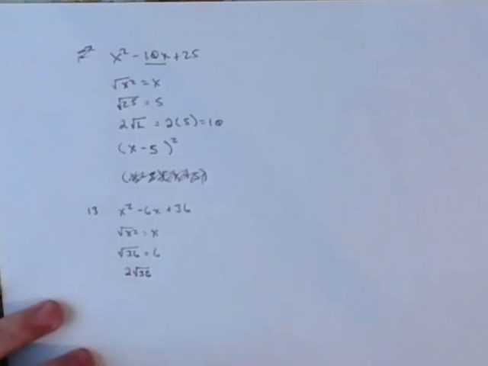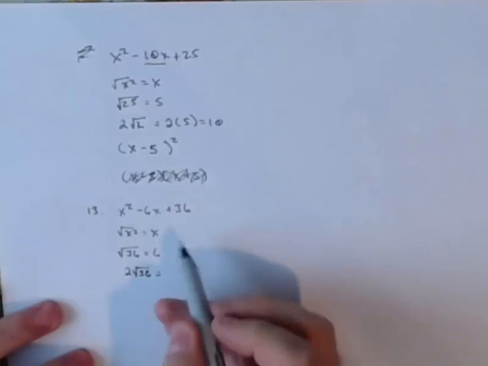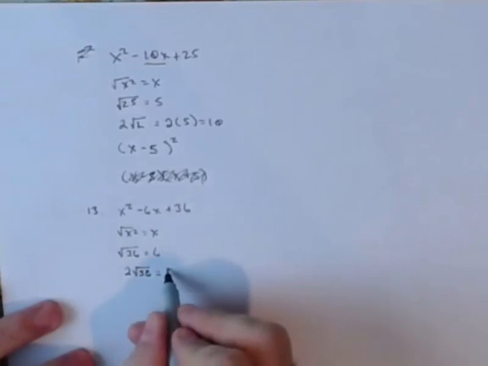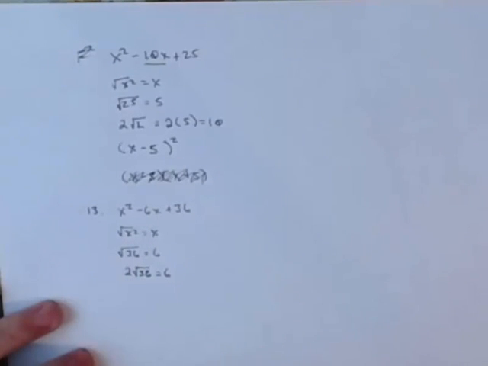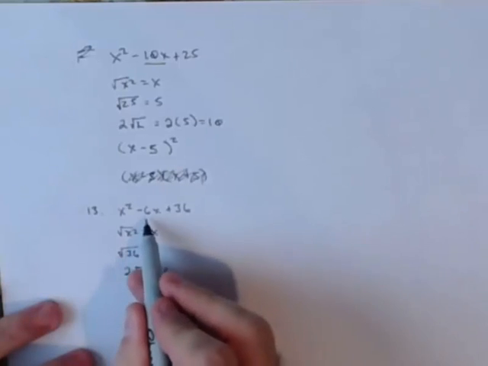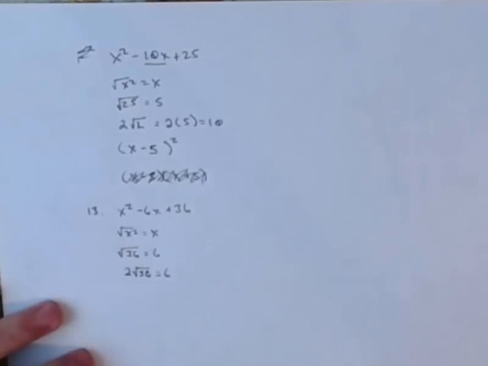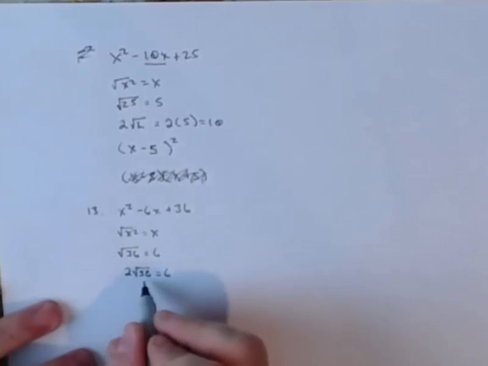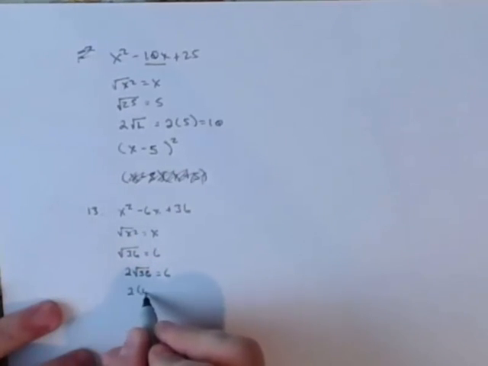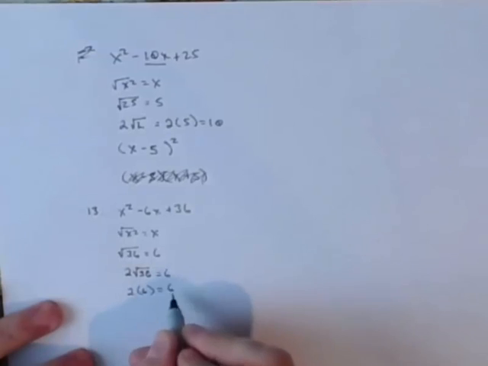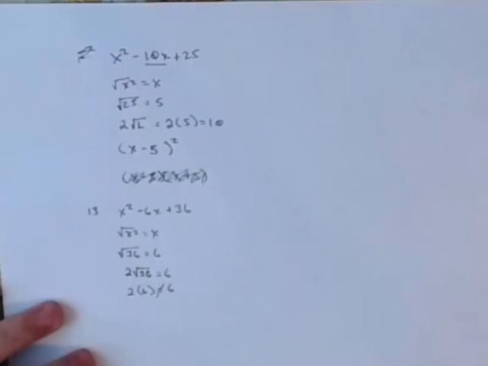So 2 square root 36, and that would have to be equal to 6, our middle term. Well, square root of 36 is itself 6, so 2 times 6 equal to 6. That is not true, and therefore 13 is not a trinomial square.